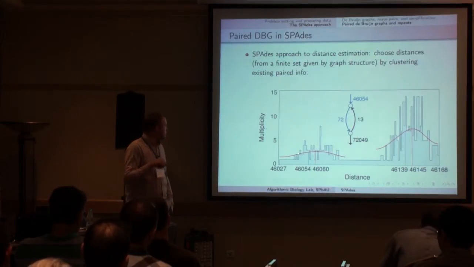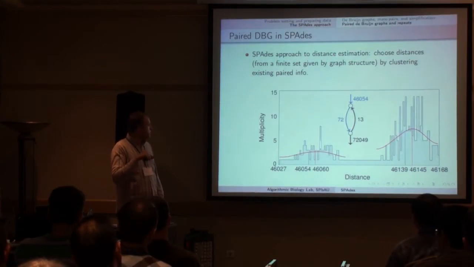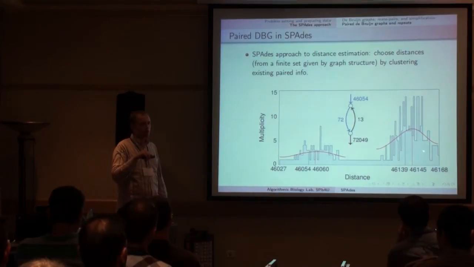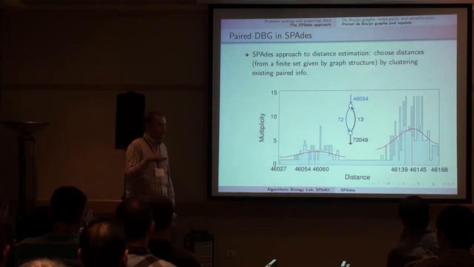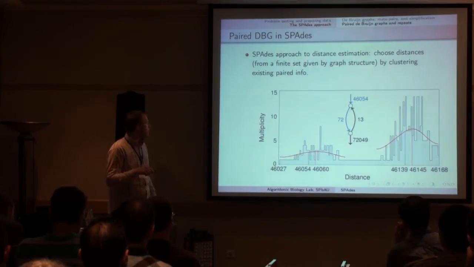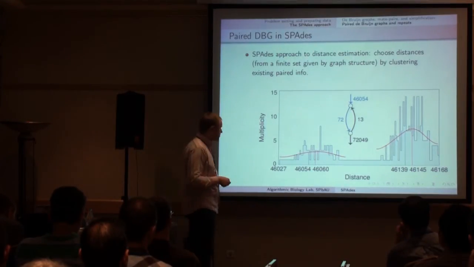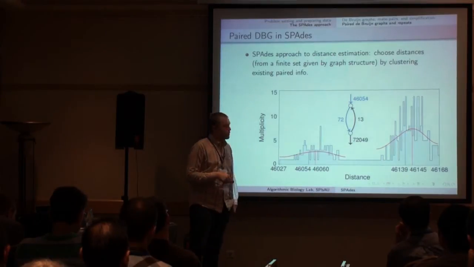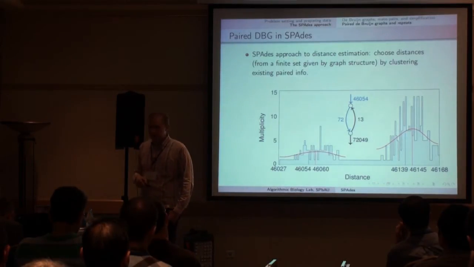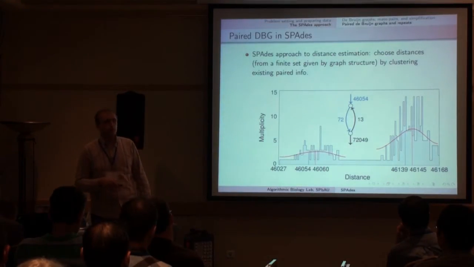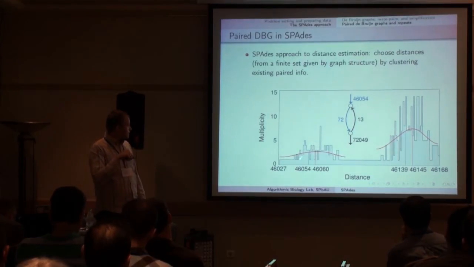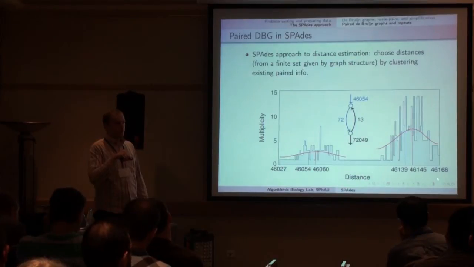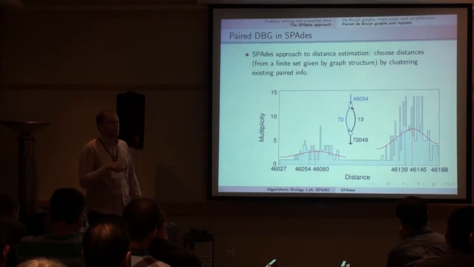And this is a sample empirical distribution of insert sizes between two relatively long edges in the graph. And so what SPAdes does here is SPAdes attempts to estimate this insert size by clustering this empirical distribution and adding the graph structure into the mix.